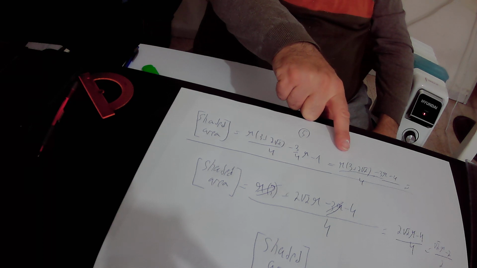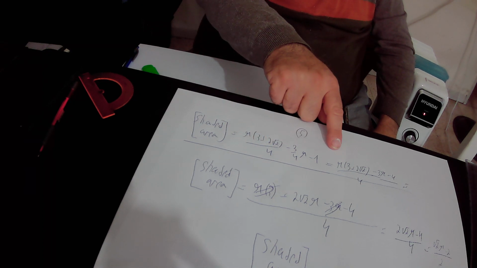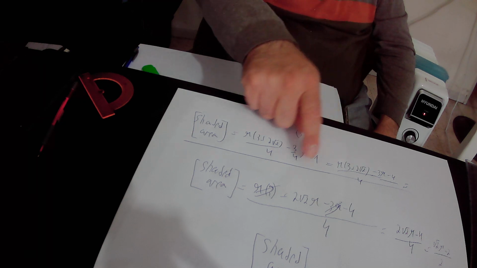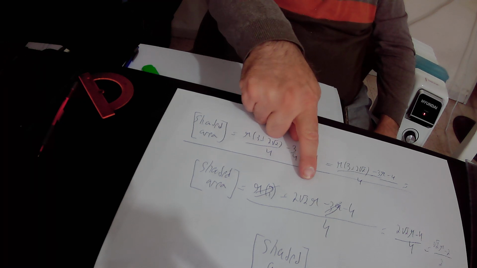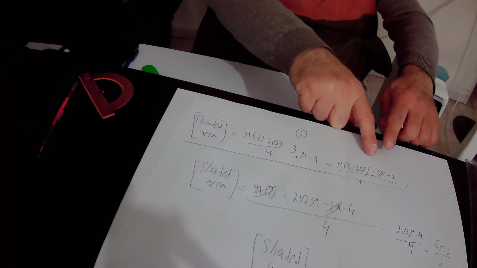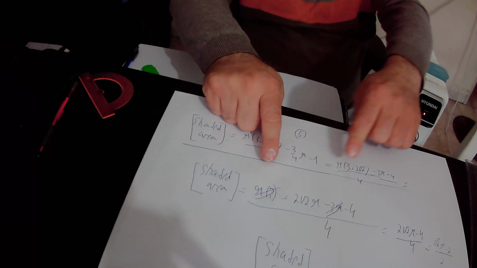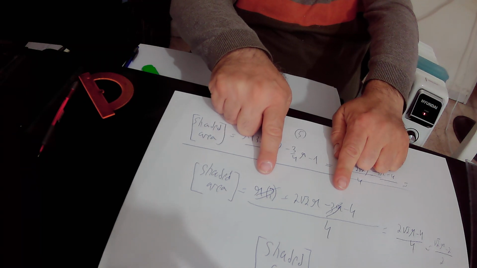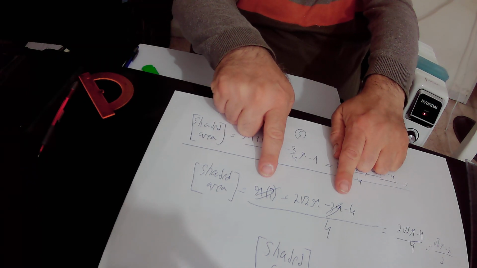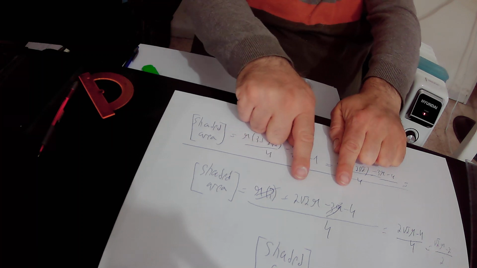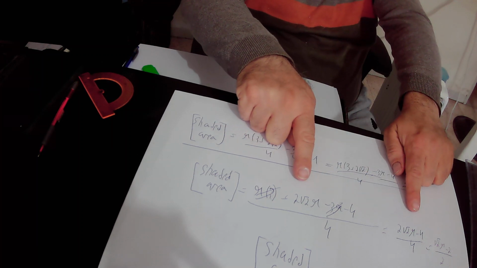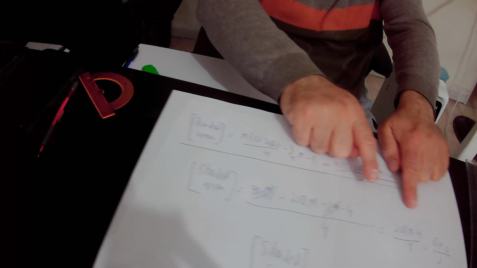So pi times 3 is 3 pi, and pi times 2 times root of 2 is 2 times root of 2 times pi. We have also minus 3 pi minus 4. 3 pi minus 3 pi is 0, so those two expressions get cancelled, and we are left only with 2 times root of 2 times pi minus 4, divided by 4.